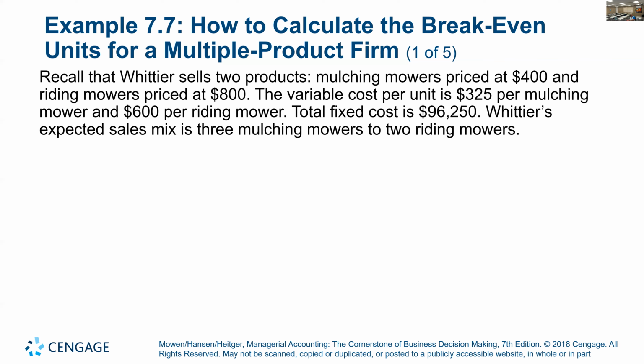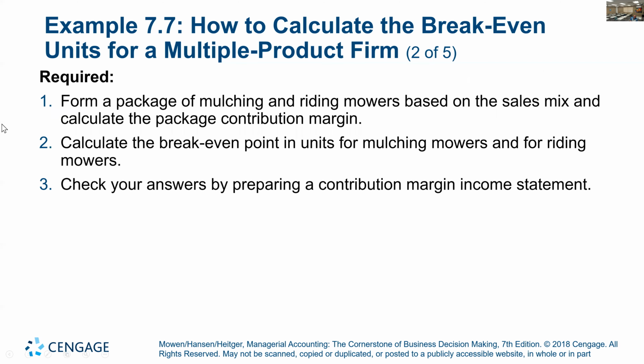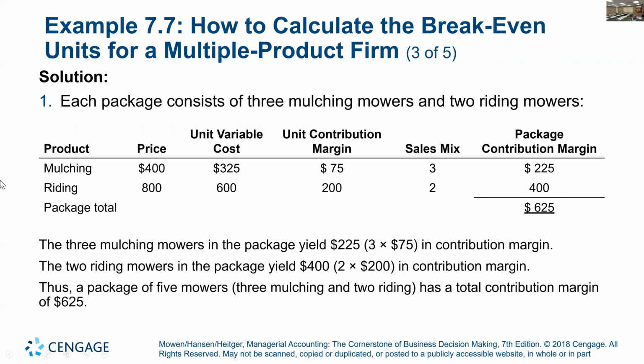Our basket would include 3 mulching mowers and 2 riding mowers, and we're going to consider that our basket. That is one unit, making our sales mix into one unit. And that's what we're showing here. Our sales mix is 3-to-2, so our basket is 3 mulching, 2 riding.